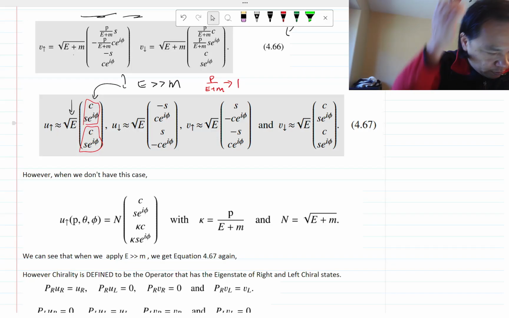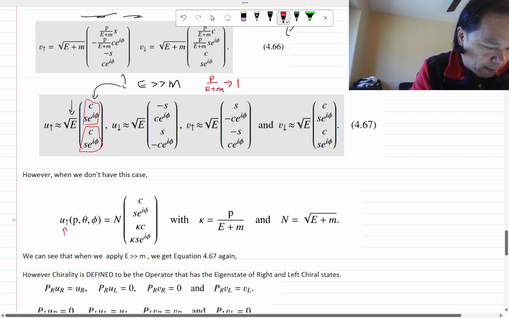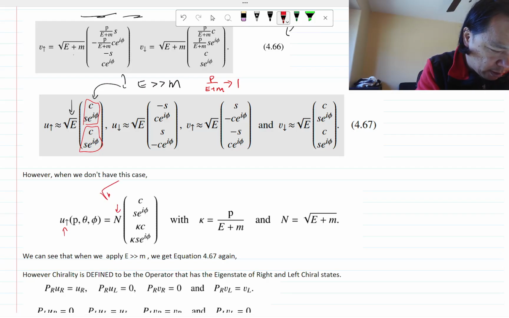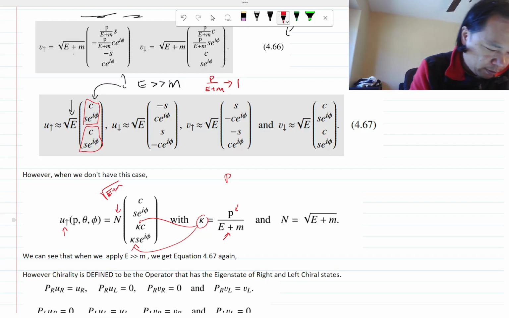When we don't have energy much bigger than the mass of the particles involved, these up helicity particles have some normalization, which is square root of E plus M, and then you have this P over E plus M factor. The book decides to put this in as kappa, just to have another variable.